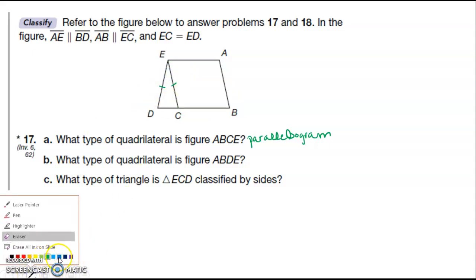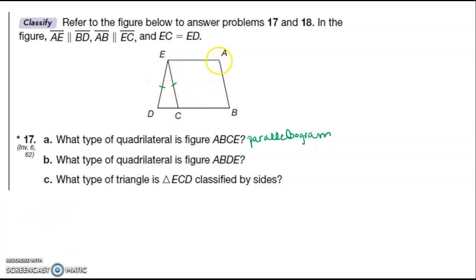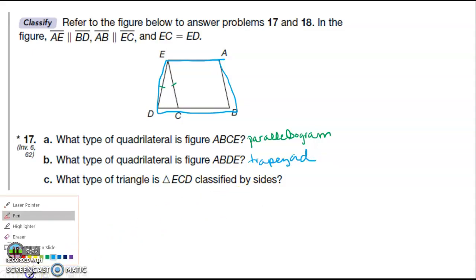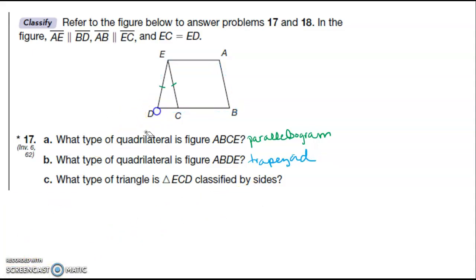And it says, what type of quadrilateral is ABDE? And that's a trapezoid. Okay, let me erase that. And then it says, what kind of triangle is ECD?